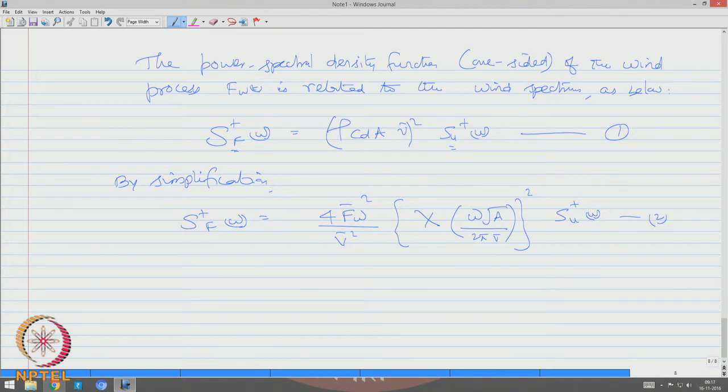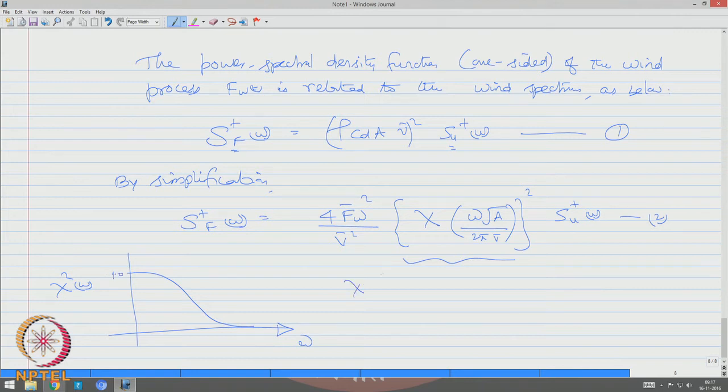Interestingly, let us look at the property of this particular function. The particular function looks like this. For omega, I want to plot chi square omega. So, that is how the plot looks like. This is unity.